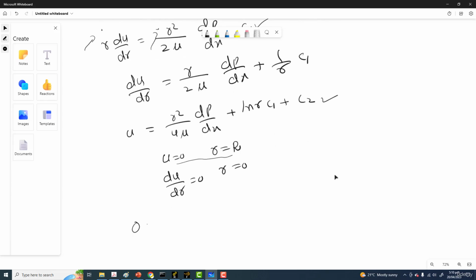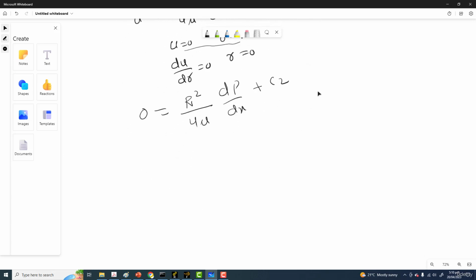So you apply the condition u is equal to 0 at r is equal to R. So 0 is equal to R square upon 4 mu dp/dx. And since this is the log of r, but C1 is already 0, this term is 0, plus C2. So from here you can see that C2 is equal to minus R square upon 4 mu into dp/dx. Now we have to insert C1 and C2 into the equation for the velocity profile.